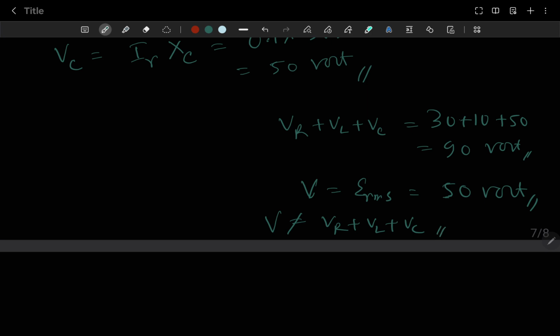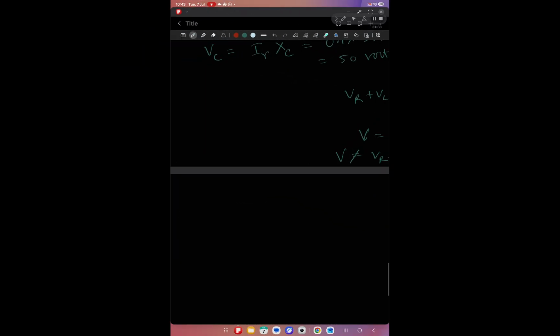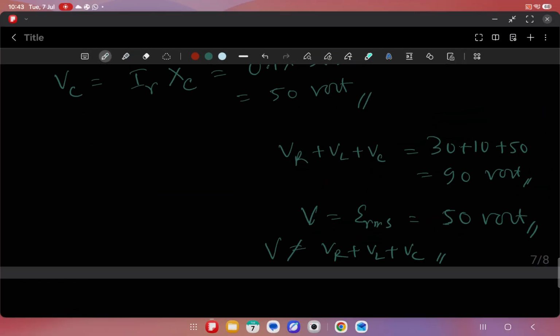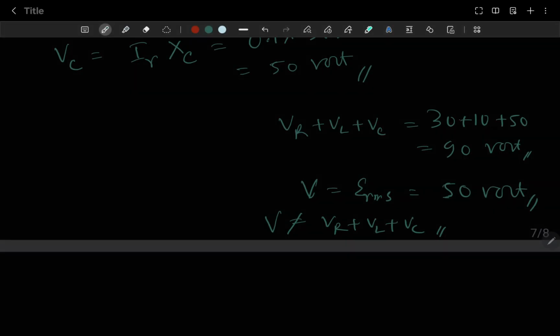But here the factor is this. We have already studied the phasor, so we know these voltages add like vectors, so this thing should hold. Let us check.